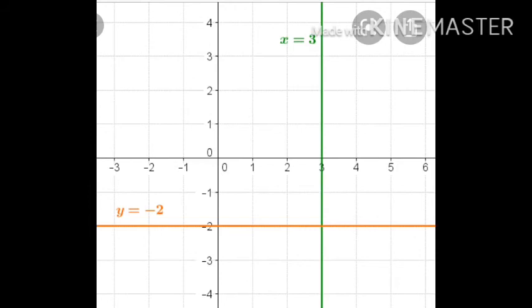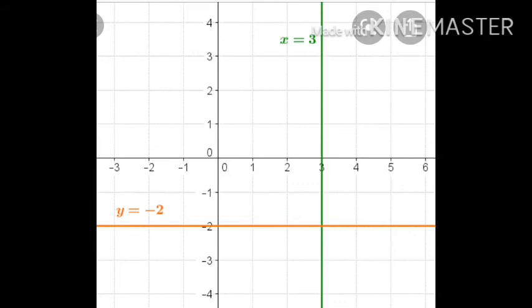The distance of a point from the y-axis is called its x-coordinate or abscissa, and the distance of the point from the x-axis is called its y-coordinate or ordinate. If the abscissa of a point is x and the ordinate is y, then (x, y) are the coordinates of the point.